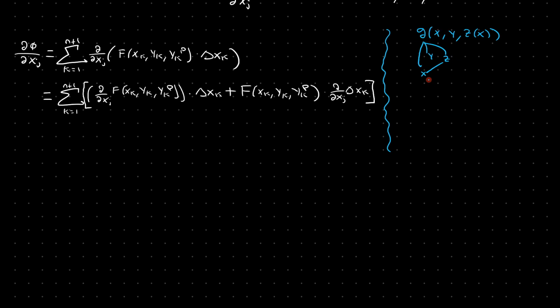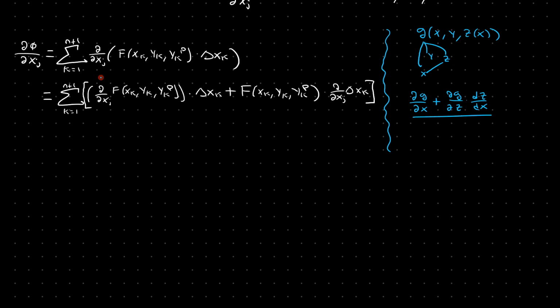To take the partial derivative of such a composition, we need the multivariable chain rule. It's the sum of the derivatives along all of the paths of dependence. So the derivative will be partial g partial x plus partial g partial z times the derivative of z with respect to x.